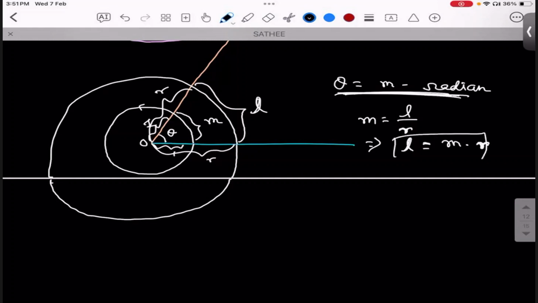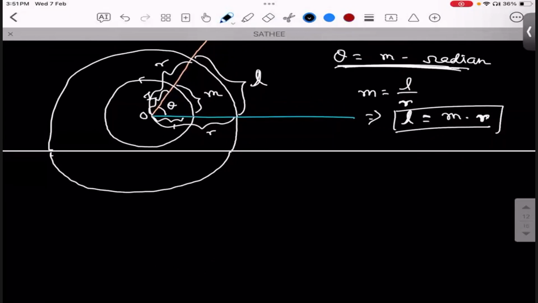This is a very important thing, and you need to use this concept to measure any angle or any length. So let us discuss one example first, so that you get convinced about this.